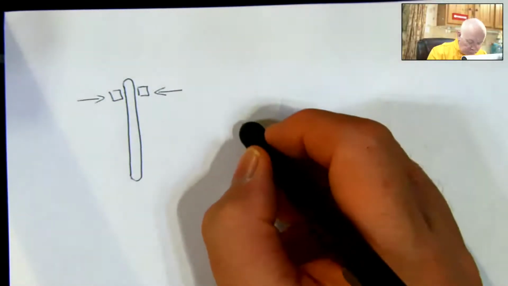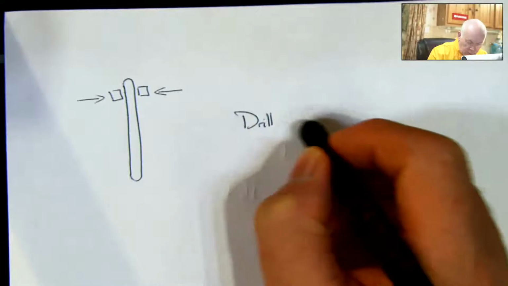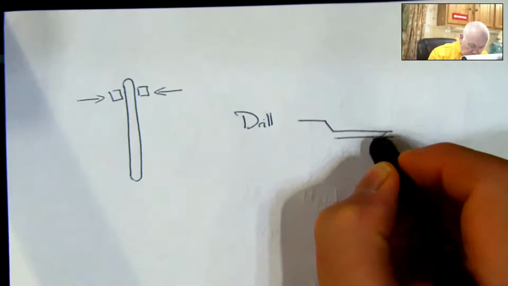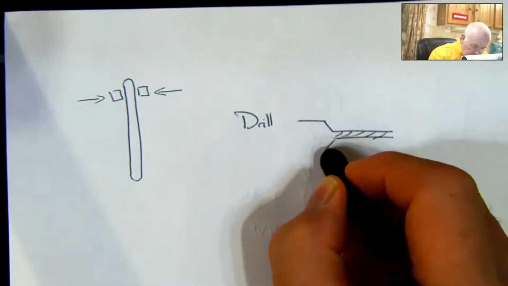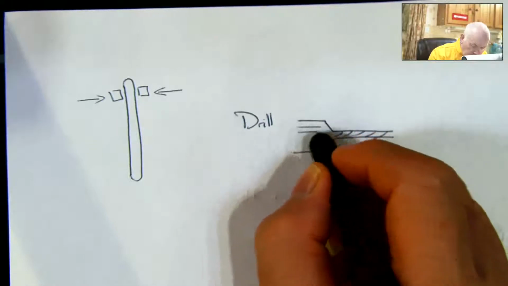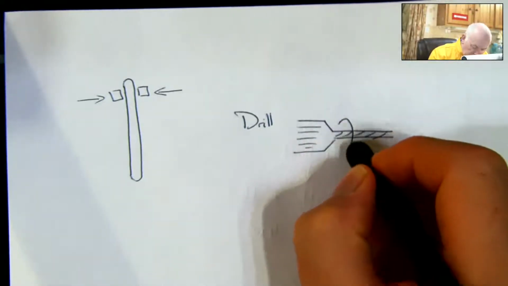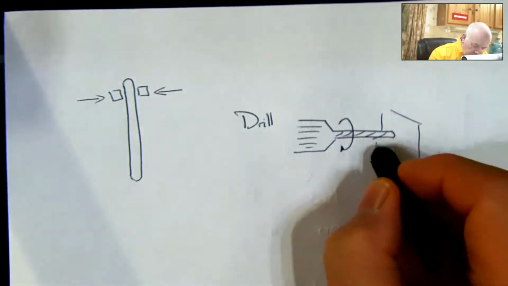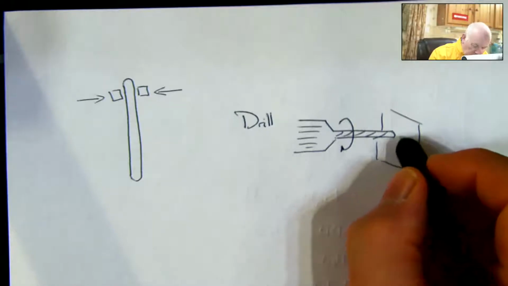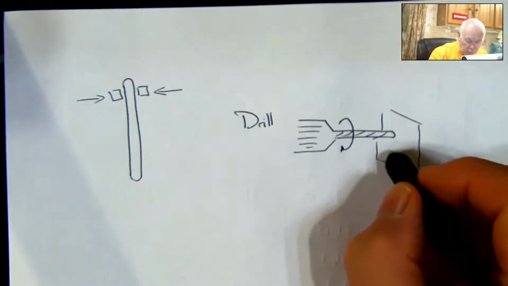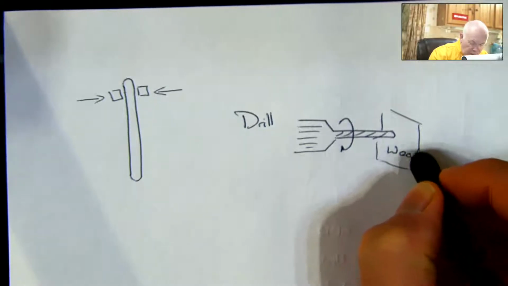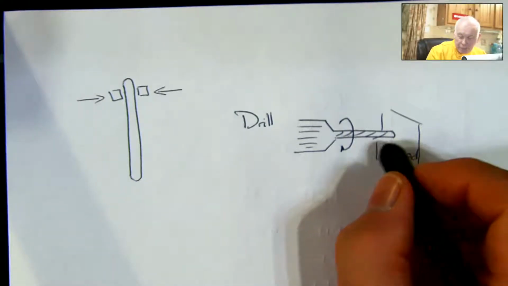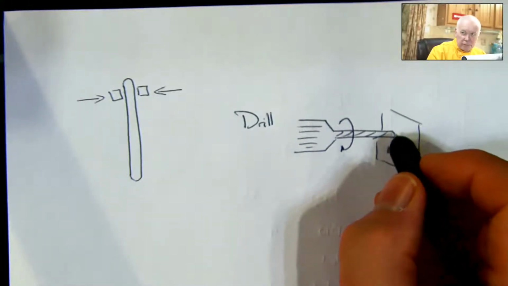Other forms of friction we look at are perhaps a drill. We've got the chuck of a drill and we've got our drill bit. This is going to rotate, and when it rotates it needs to grip into the brick, the wood, or whatever, otherwise it's not going to cut anything, it's just going to rip the wood to bits.